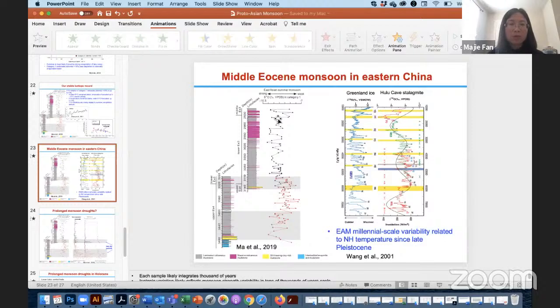But the absolute dating of those cores is difficult, and each one is working on astronomical tuning, but that basically just increases the resolution of the age control. Absolute dating of the core, again, is difficult, and we don't have that data. It's based on correlation with other areas within the Bohai Bay Basin.